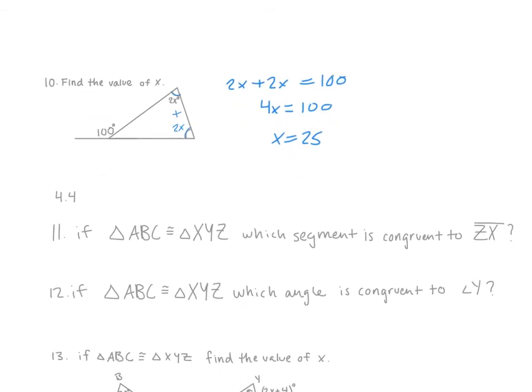Okay, number 11. If triangle ABC is congruent to triangle XYZ, which segment is congruent to segment ZX? Casey. Segment CA. Perfect.